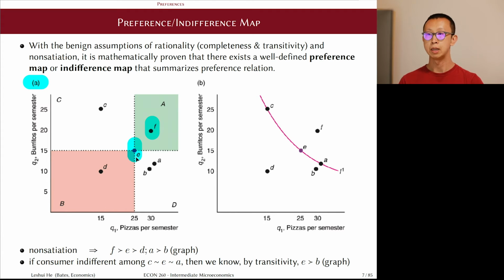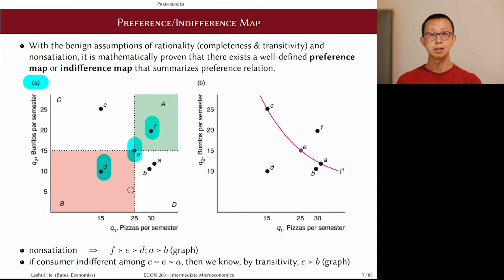So comparing F to E, we have more pizzas and more burritos. But if we look at point D here, point D represents a bundle that has fewer pizzas and fewer burritos compared to point E. So by the restriction of non-satiation, the consumer always prefers more goods.